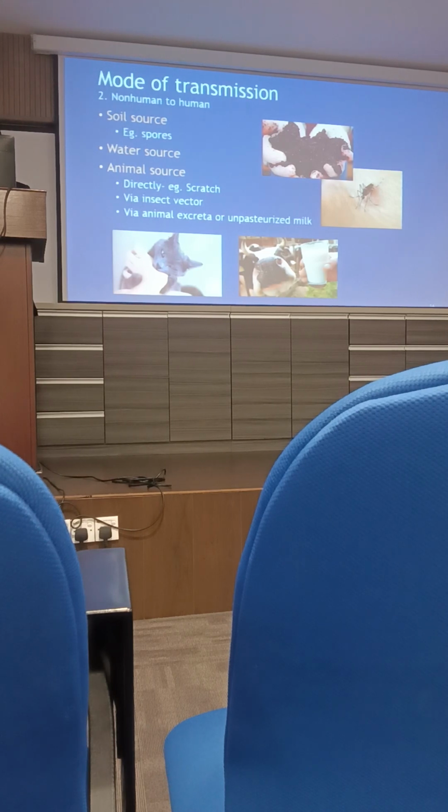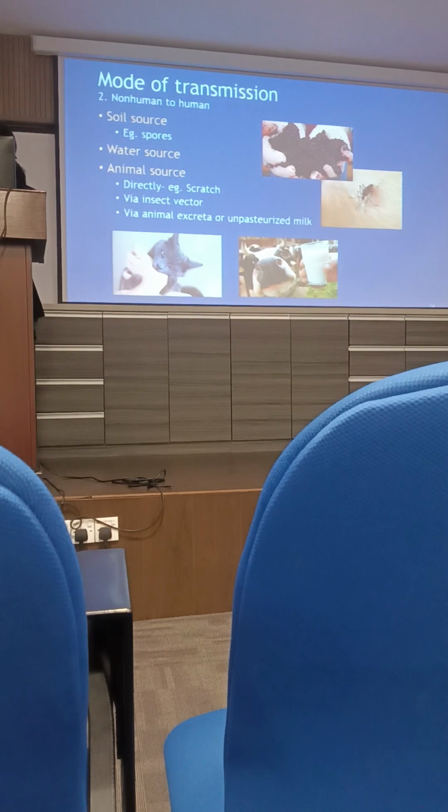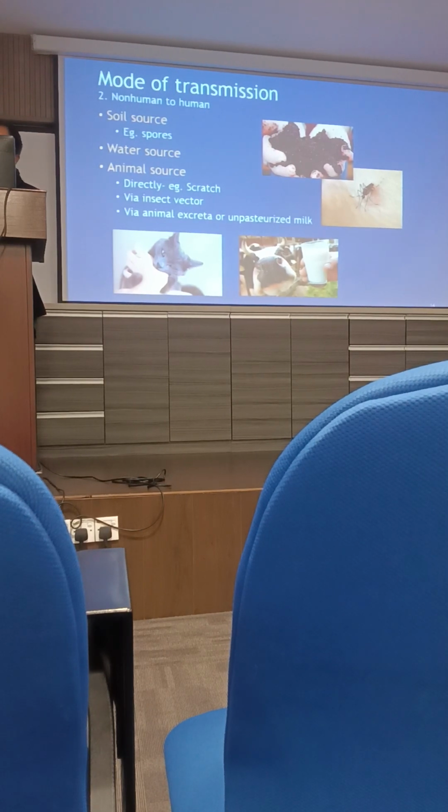From water, right, and from animal sources. For example, cat scratch disease, from an insect vector, or even from animal excreta, urine or feces contamination, or from unpasteurized milk. Even milk that is not pasteurized can be a mode of transmitting a foodborne infection.